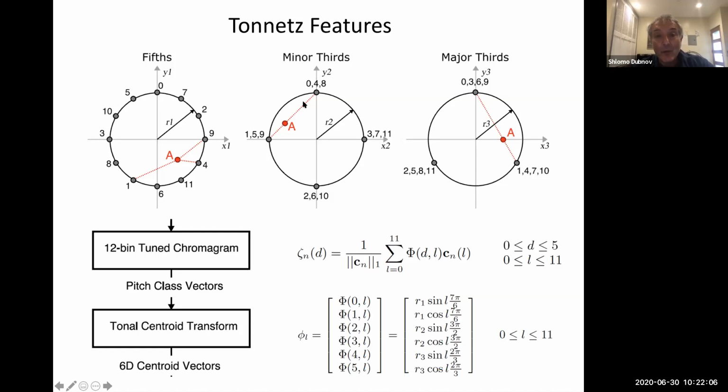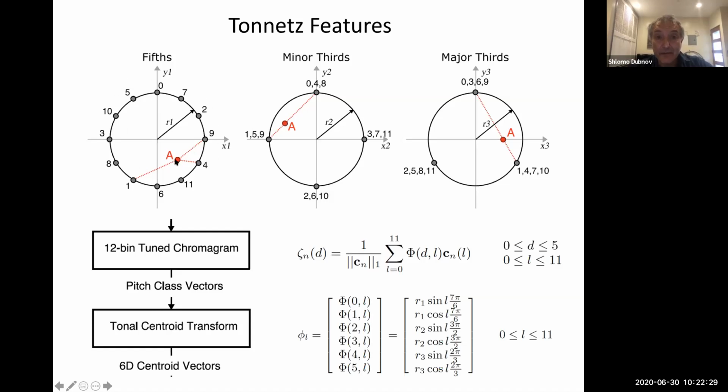Now once you have a chord, or some relation between notes, you take the chromagram that we had before, and you try to represent this as points which are between these notes.